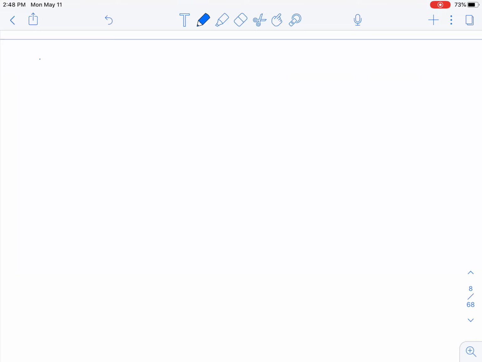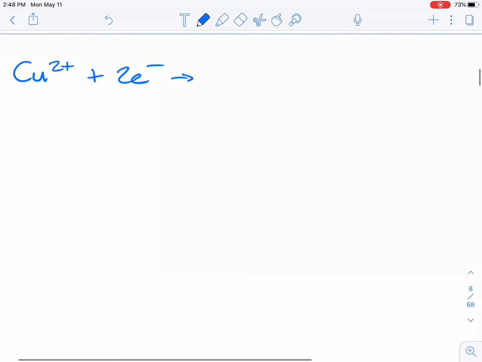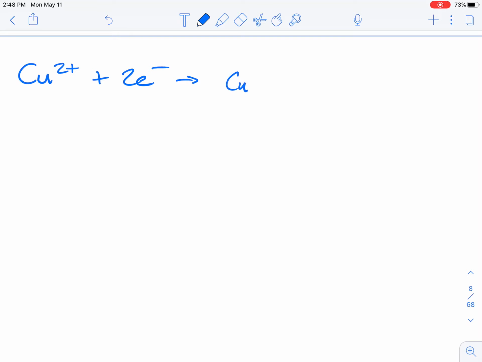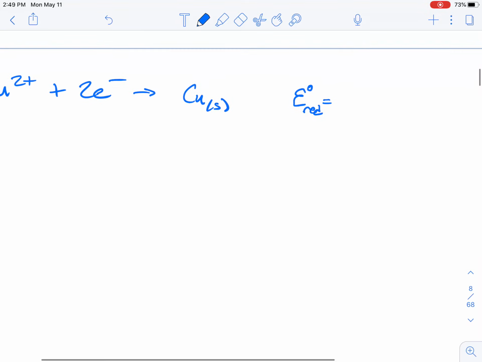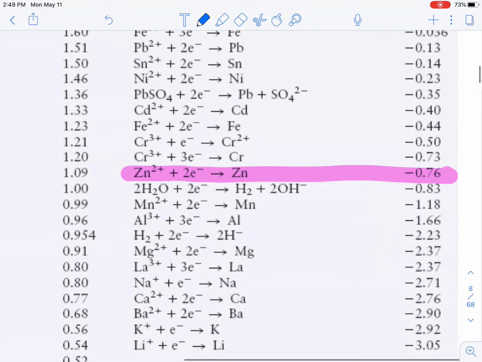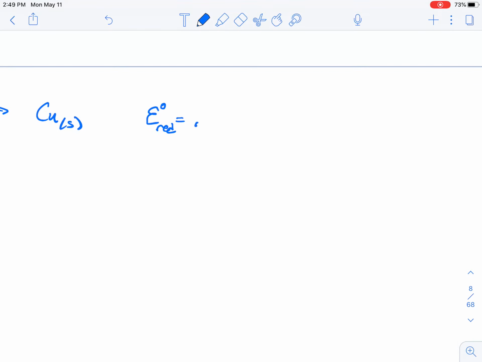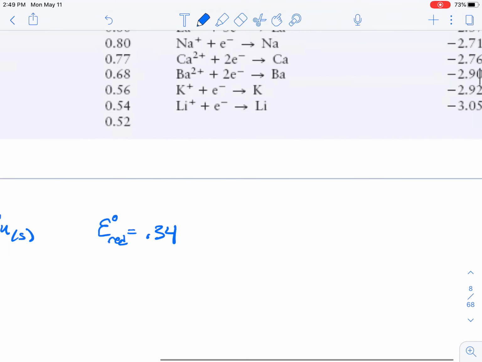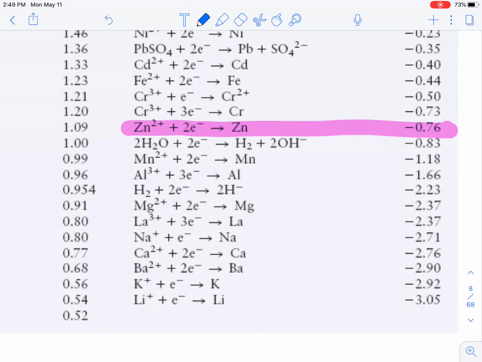Here I have copper 2 plus 2 electrons, and that's going to give me copper solid, and the reduction potential is going to be 0.34. And I've identified that the reduction potential for zinc is going to be negative 0.76.